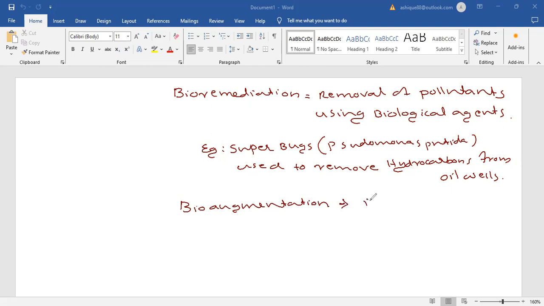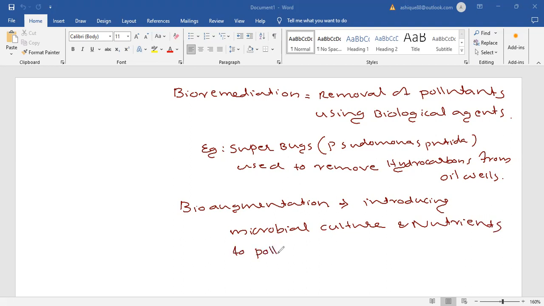If you are introducing microbial culture and nutrients to a polluted area, that is known as bioaugmentation. That can be called bioaugmentation. What is biostimulation?